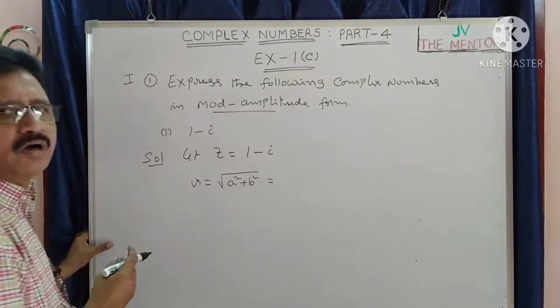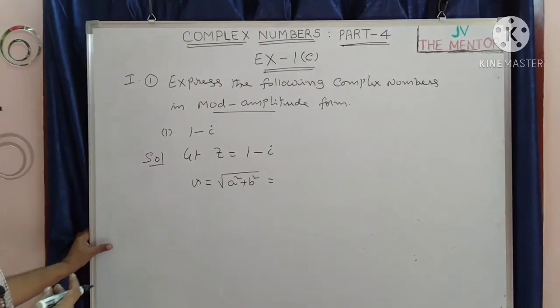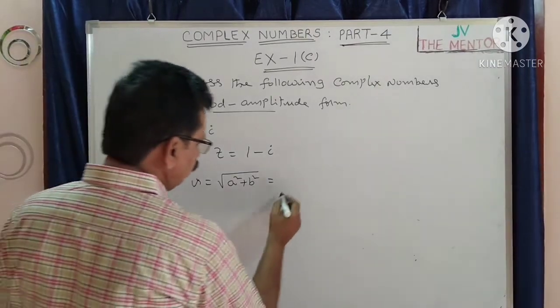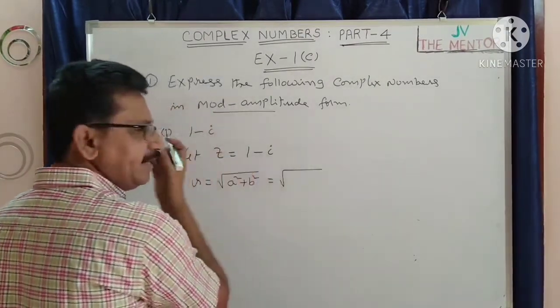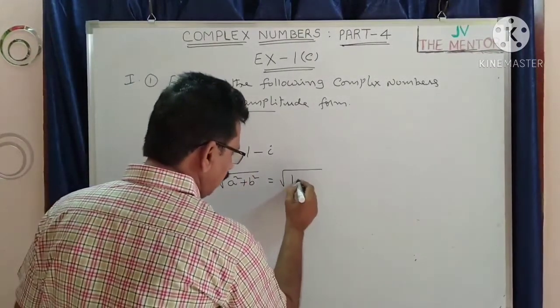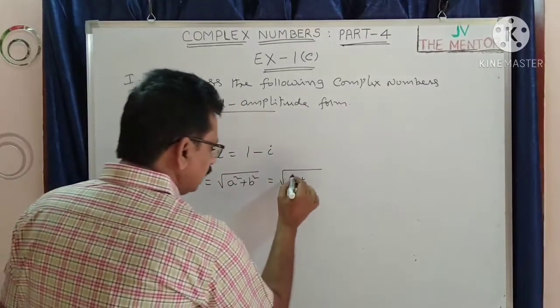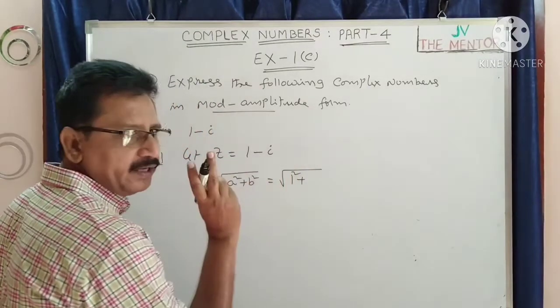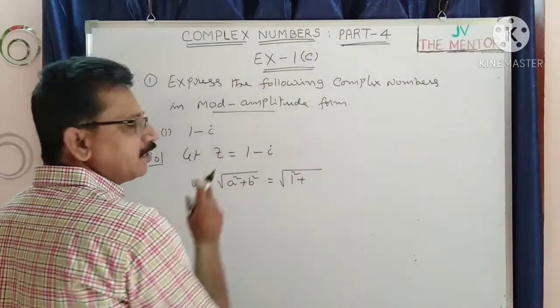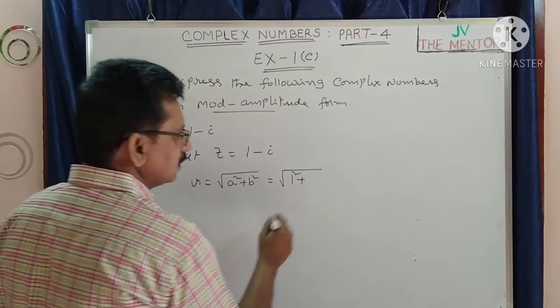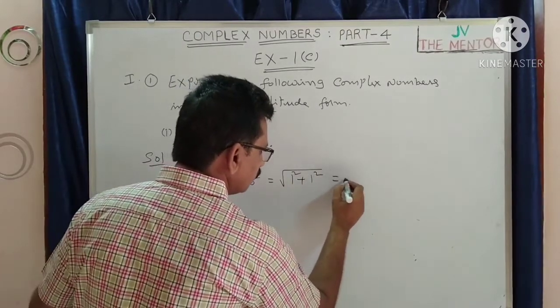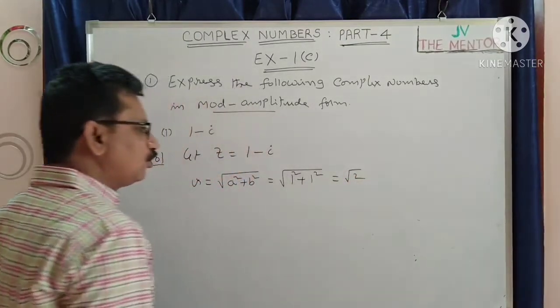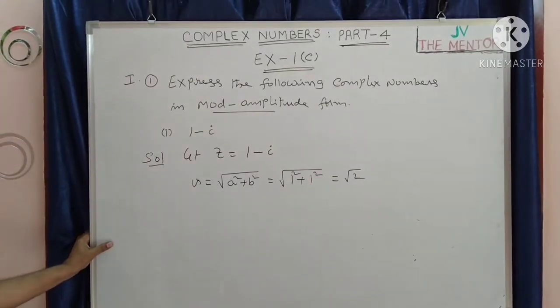R means mod z. R equals root of a square plus b square, that is root of 1 square plus 1 square, taking only the coefficient of I without signs. That is root 2.